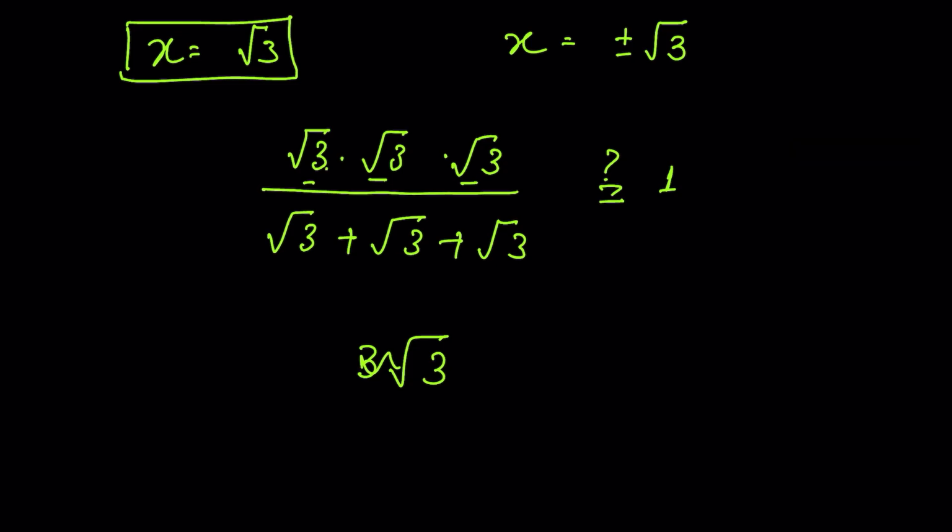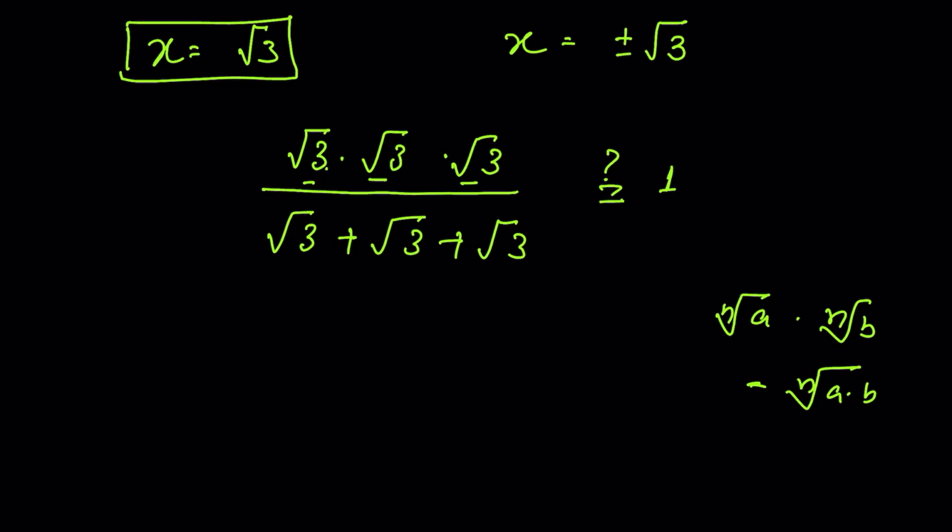Or you can also solve it like this: nth root of a times nth root of b equals nth root of a times b. So this is square root of 3 times square root of 3 times square root of 3. So we can write 3 times 3 times 3 under square root. These two 3's are in a group of 2, so we can take them out because it's a square root. So this becomes 3 times square root of 3.